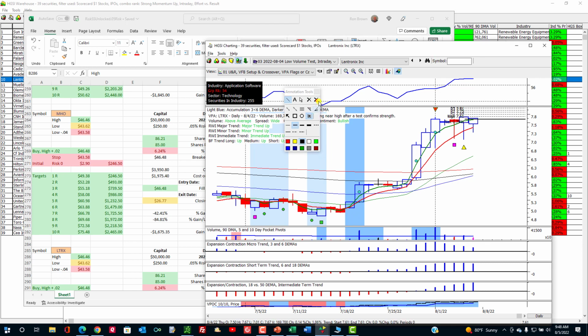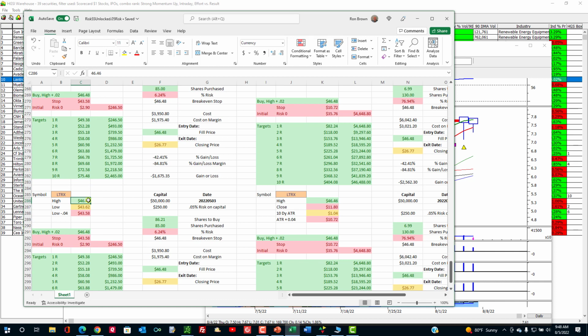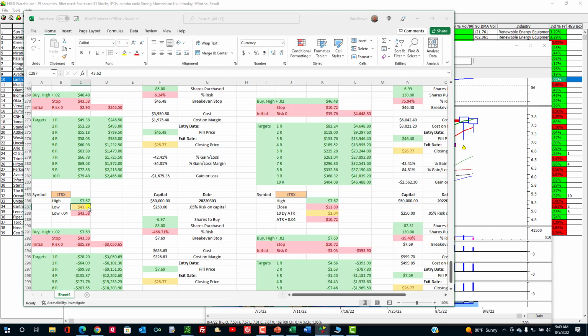Let me get rid of this. I forgot to close my tool. Okay, if I click on here, the high yesterday, 767. And the low was 701.